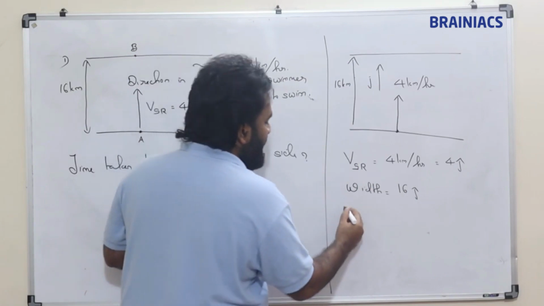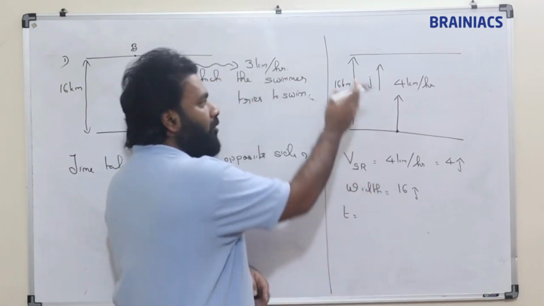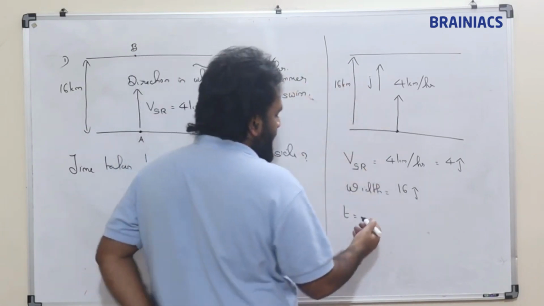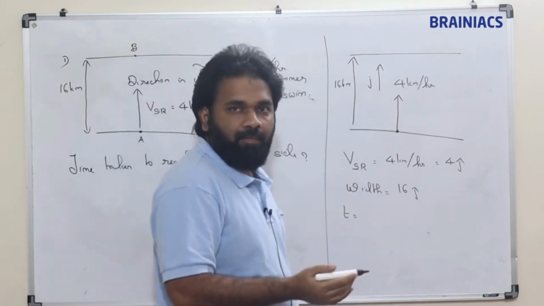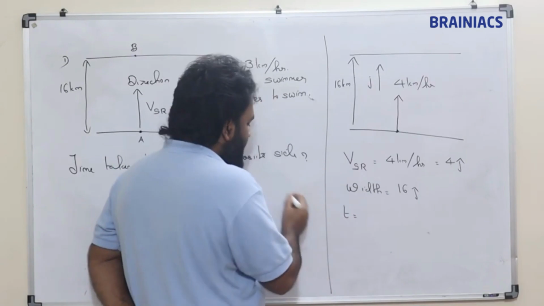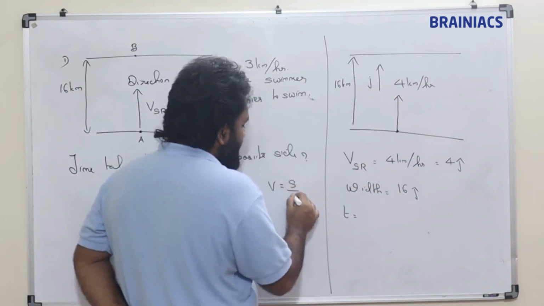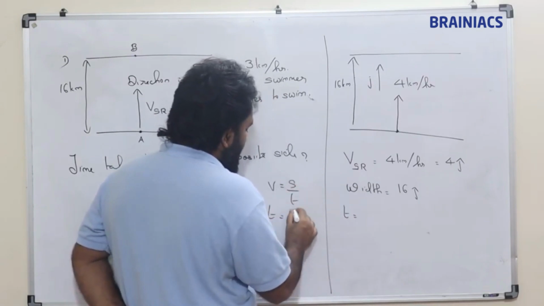Now if I need to find the time taken to reach the opposite side, what can I do? V is equal to S by T, and T is equal to what?